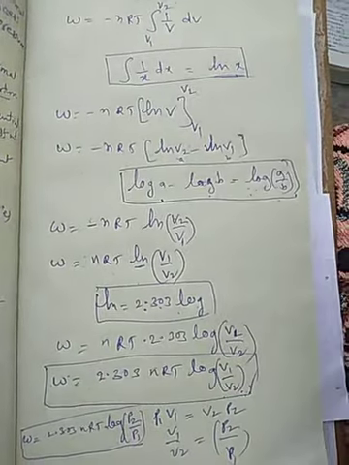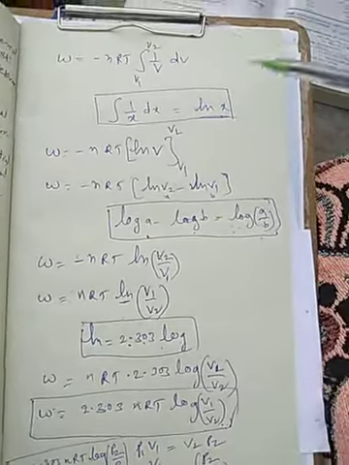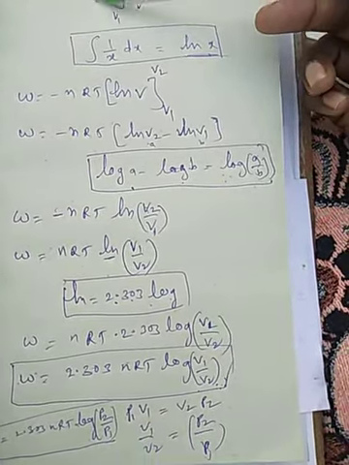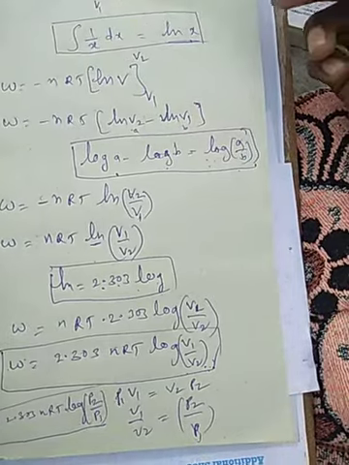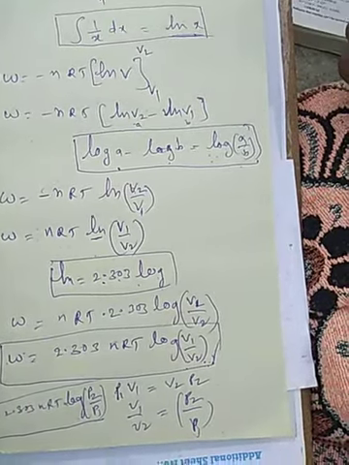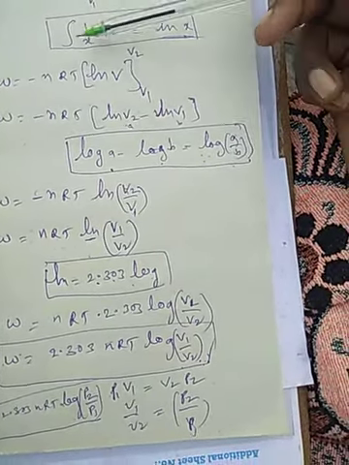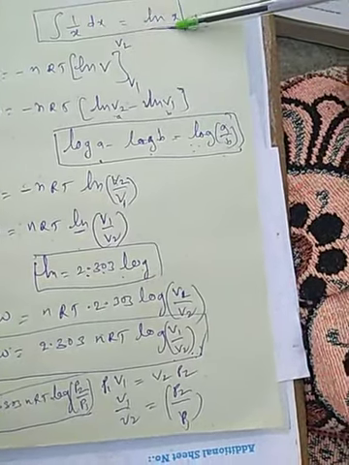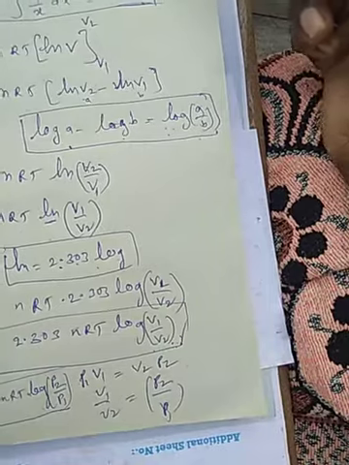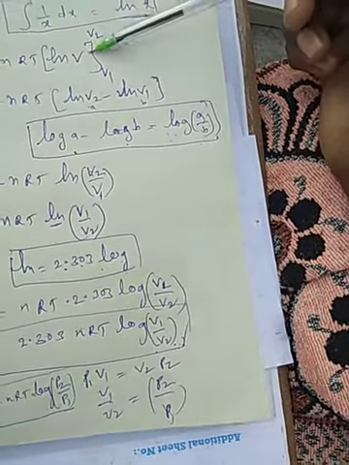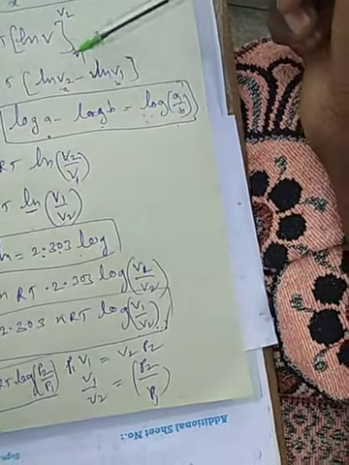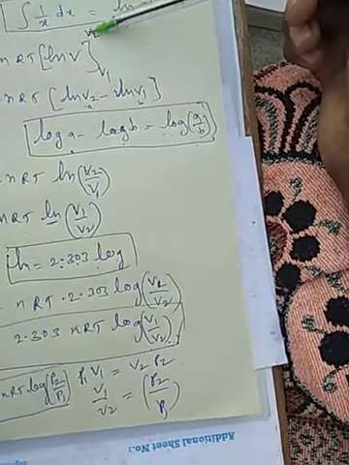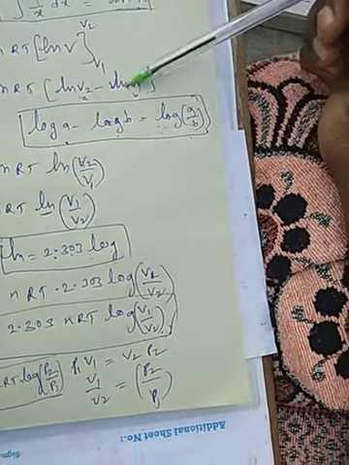I am going to repeat one more time. We know already W is equal to nRT by doing integration with the limits v1 to v2 of 1 by v. By the formula, the integration of 1 by x dx is ln x, so 1 by v dv gives ln v. The limits are v1 to v2, so we apply upper limit minus lower limit.